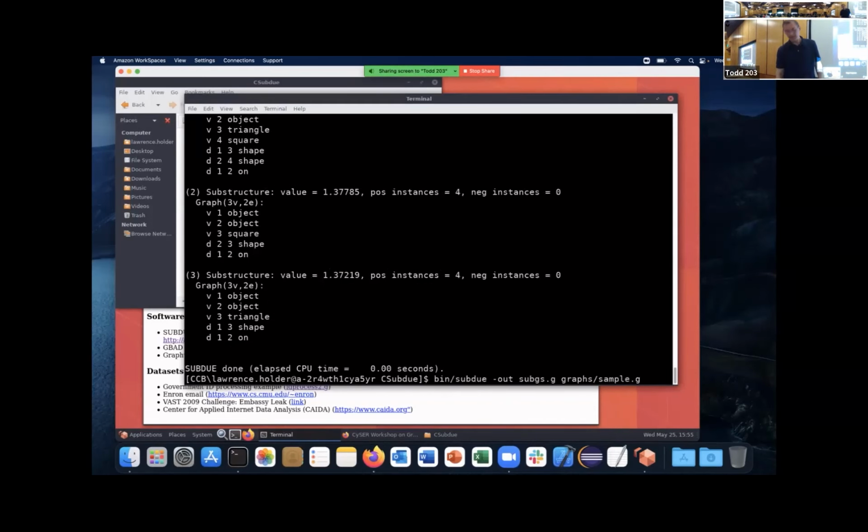So I ran it with this dash out, and then I gave a file name. So the substructures or the patterns that are learned will go into that file. And then once again, I can use the graph or that subs to dot to convert it to dot and then visualize it. So let me do that.